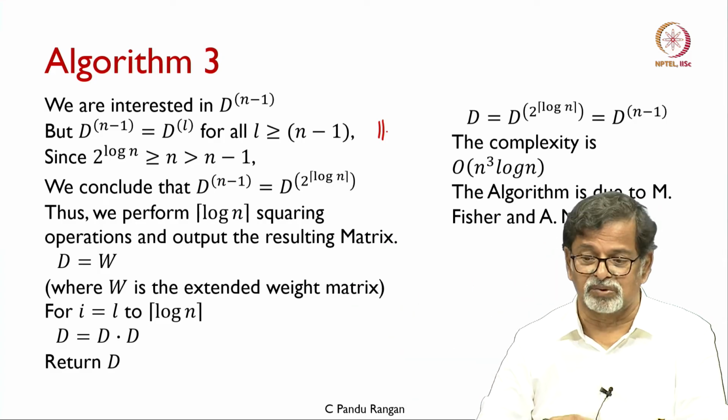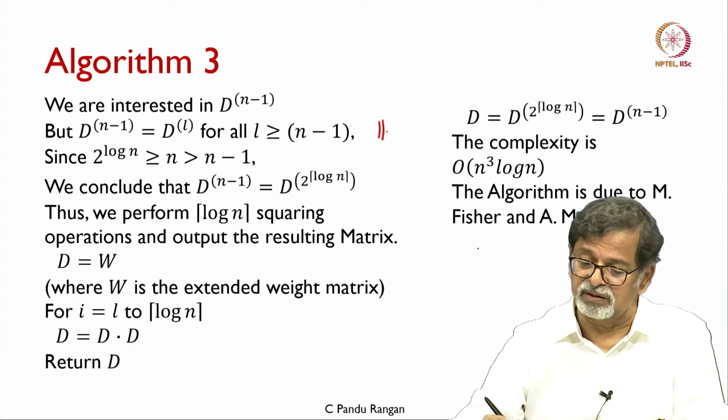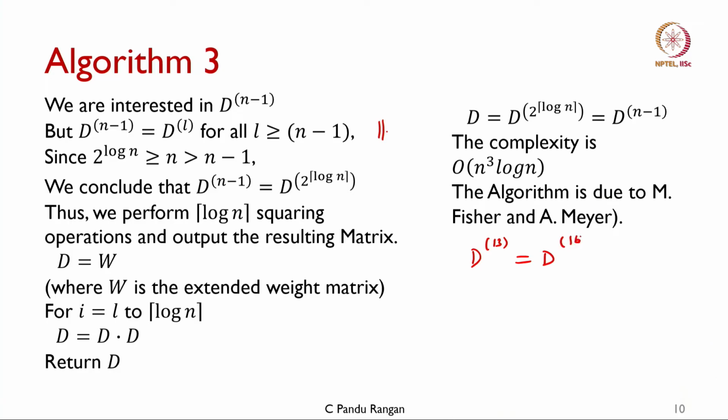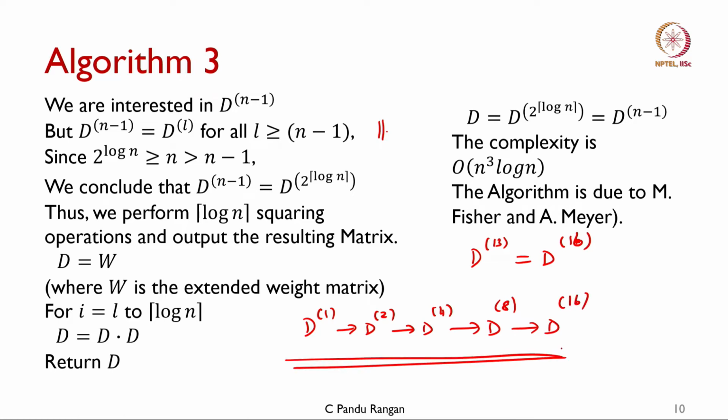The same illustration you can recall, the way in which I would compute D13 is, I know that D13 is D16. D16 can be easily computed as D1 to D2 to D4 to D8 to D16. It is easy to compute.